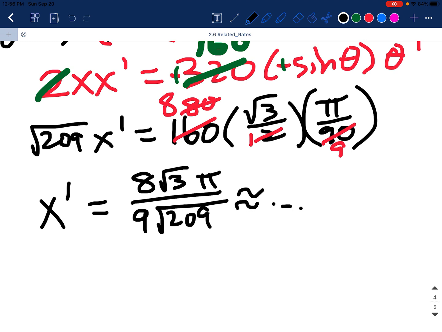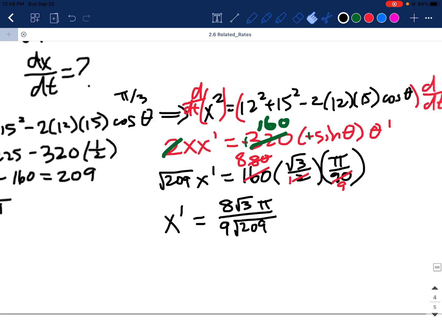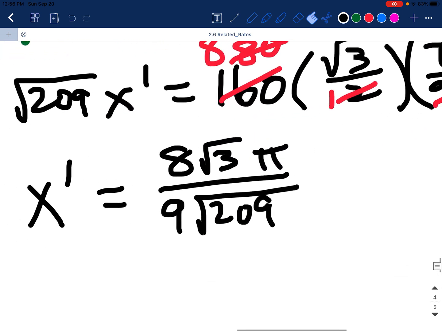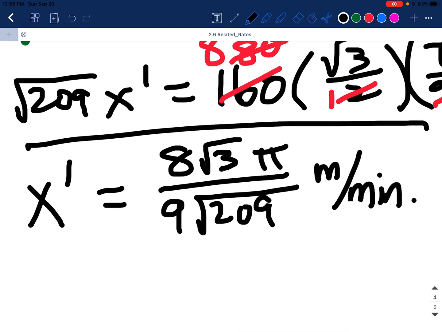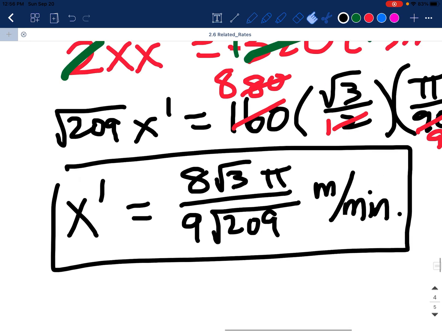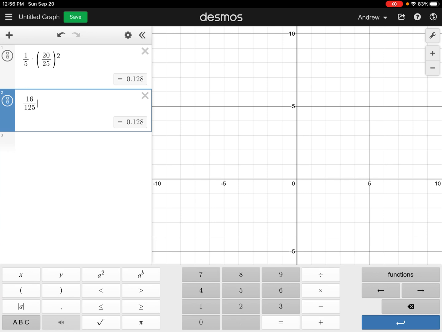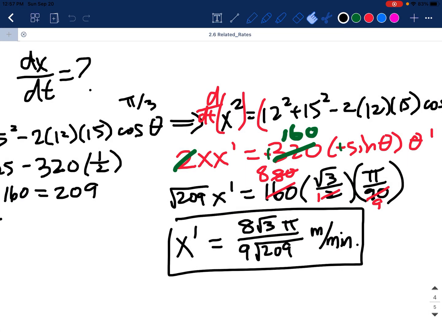And then at this point you could estimate using a calculator if you wanted to, or just leave it exact, and that is going to be meters per minute. So definitely a messier answer overall. Let me double check that 12 times 15 just to make sure. Oh, it's 360. Oops. That is going to throw everything off.